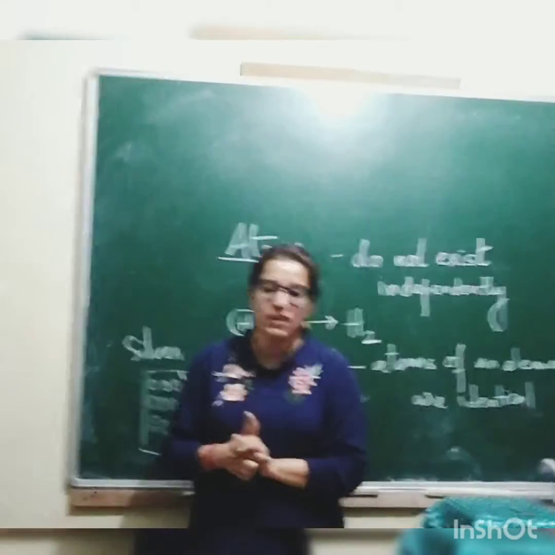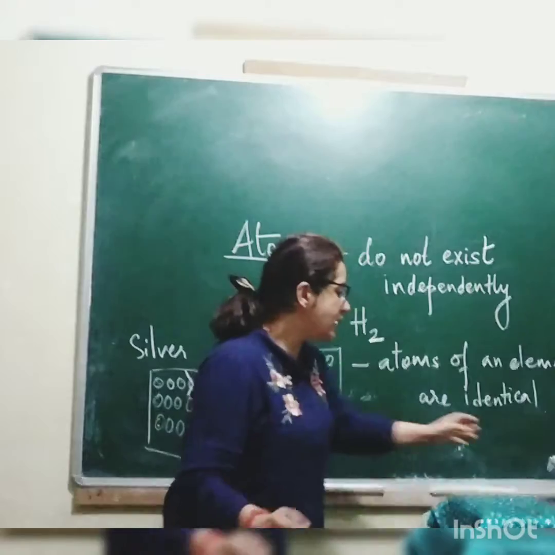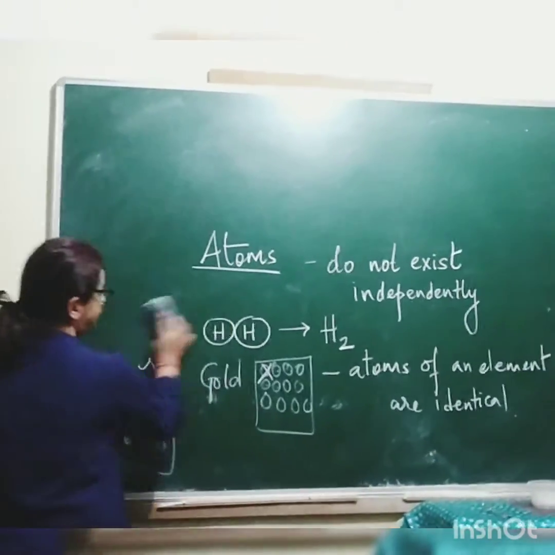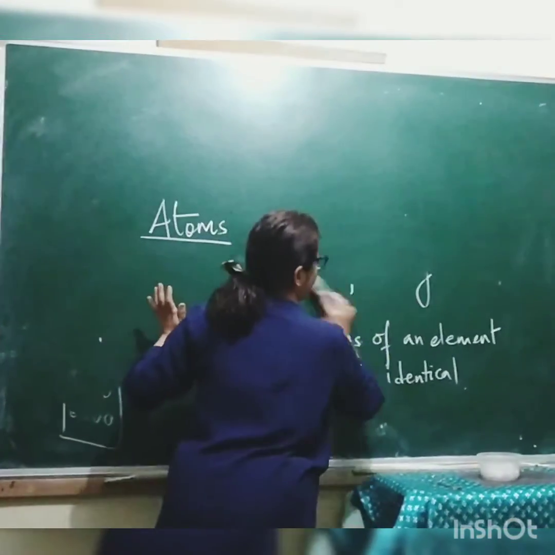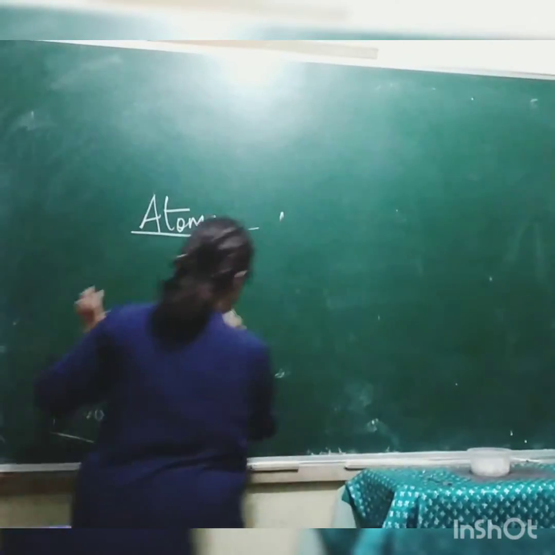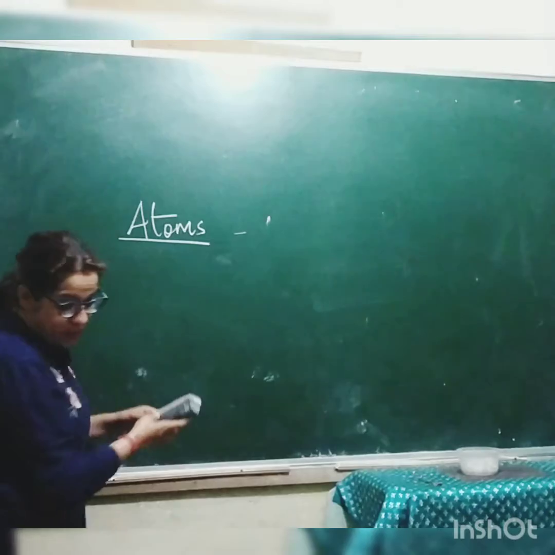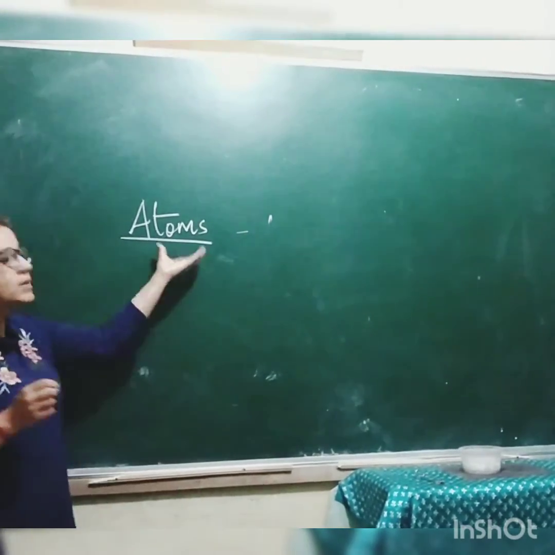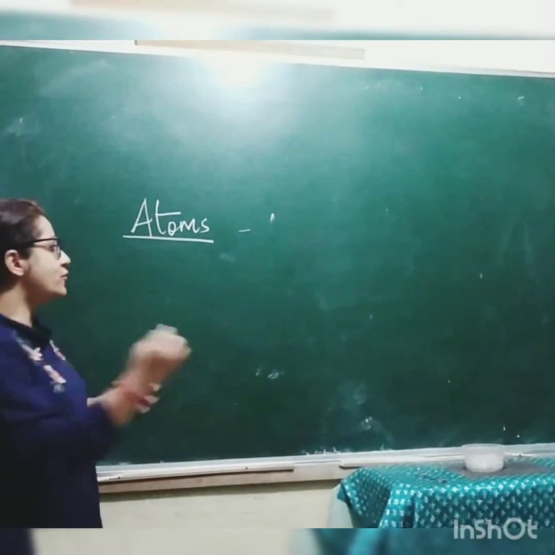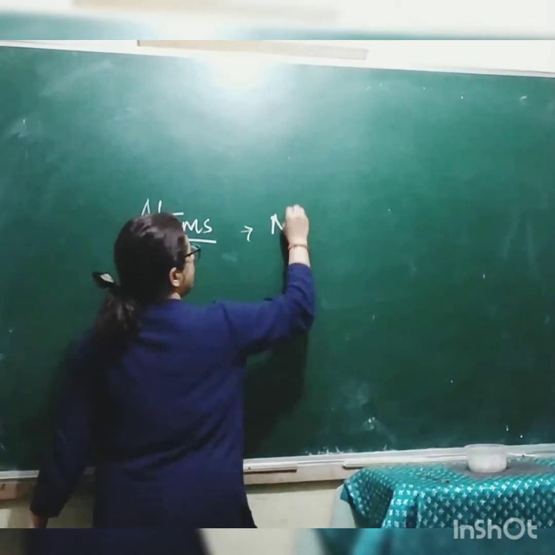Okay? Then the next one we come to is molecule. We have already done that matter is made up of molecules. So what are molecules? Atoms combine to form molecules.